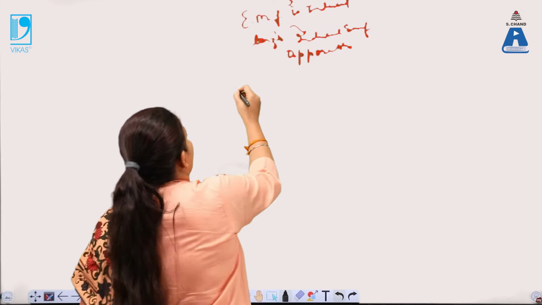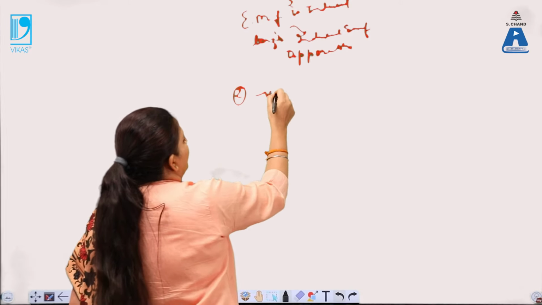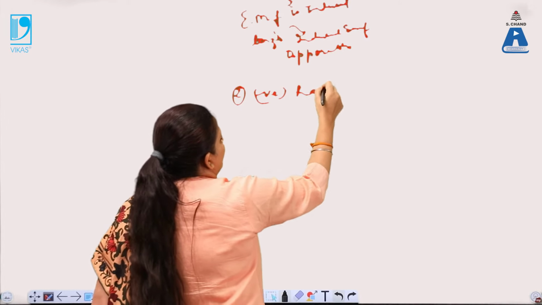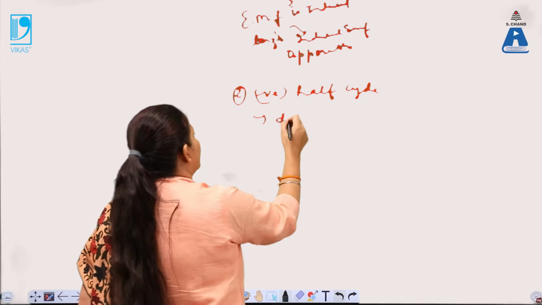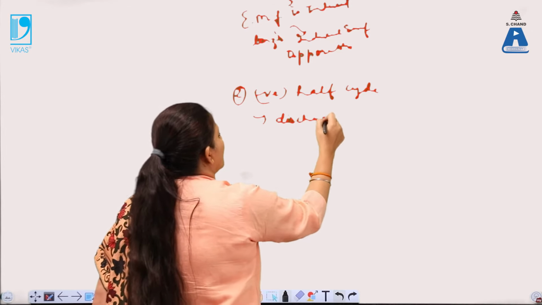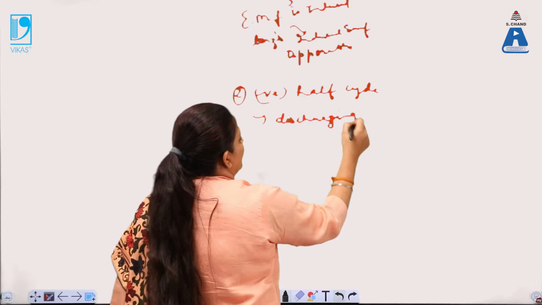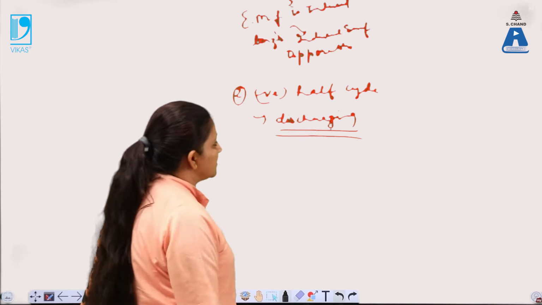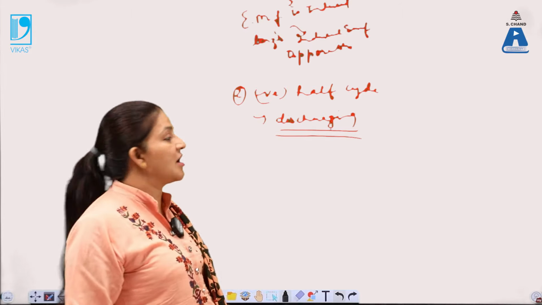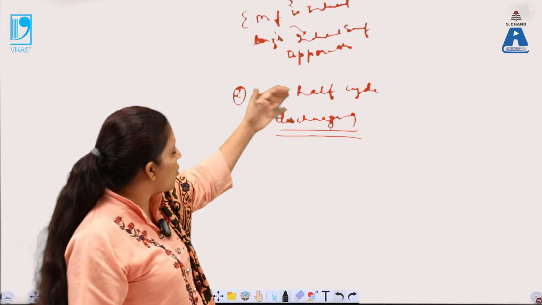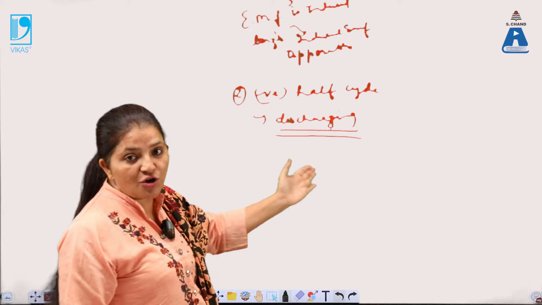Again for the negative half cycle, the charge developed on the inducting coil will start discharging. So there occurs the discharging of this coil.